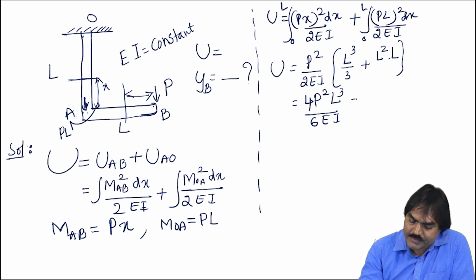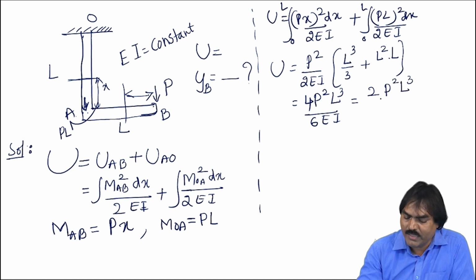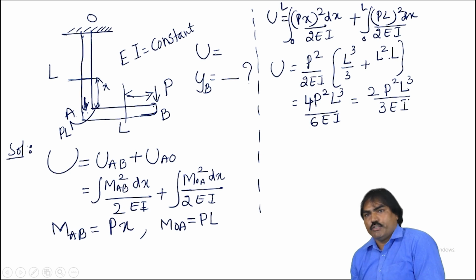This is the total energy, that is 2P square L cube by 3EI. This is the energy stored in the structure.